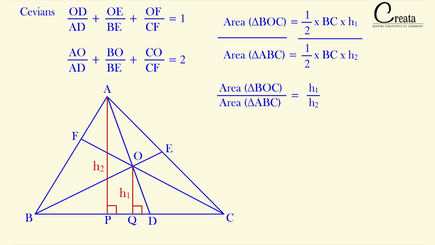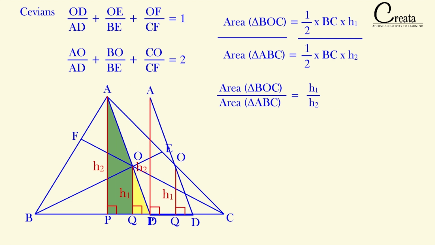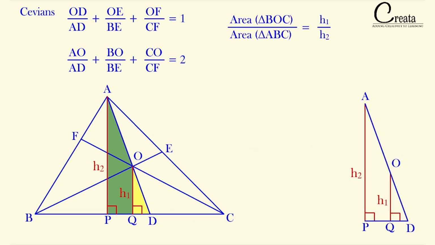Further, are you able to observe triangle APD and triangle OQD? Let's take this complete section out of the figure. Here H1 and H2 are perpendicular to this line segment PD. Okay, this angle is 90 degrees.